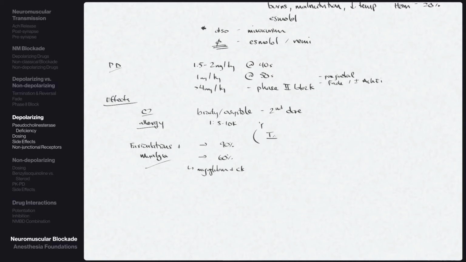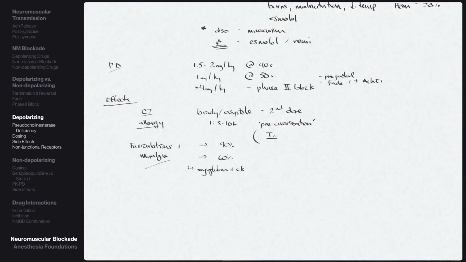And this idea is that you could potentially give curare or its analog that was a little bit more common a few decades ago, which is d-tubocurarine, which is a non-depolarizing muscular blocker. It's very similar to rocuronium. And that this might help to prevent our fasciculations and then eventually our myalgias.